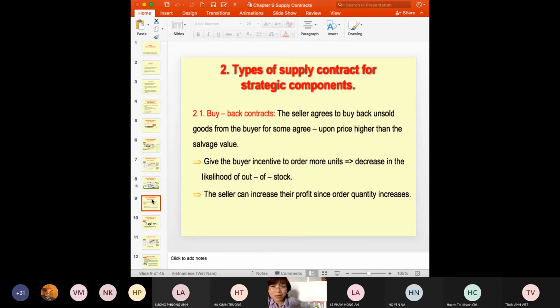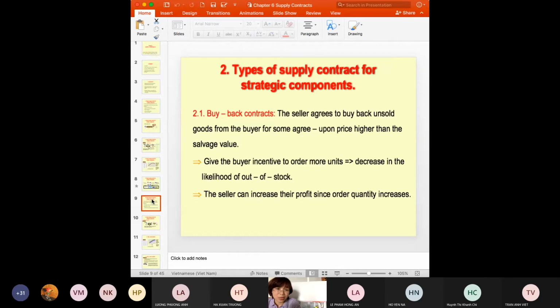Those 10 products I sell back to the supplier, and the supplier must buy them at a price higher than the salvage value. Salvage value means that when you sell the product after the season, you sell it at a discount, like $20, but the supplier must buy that product for more than $20. Okay, that is the buyback contract.